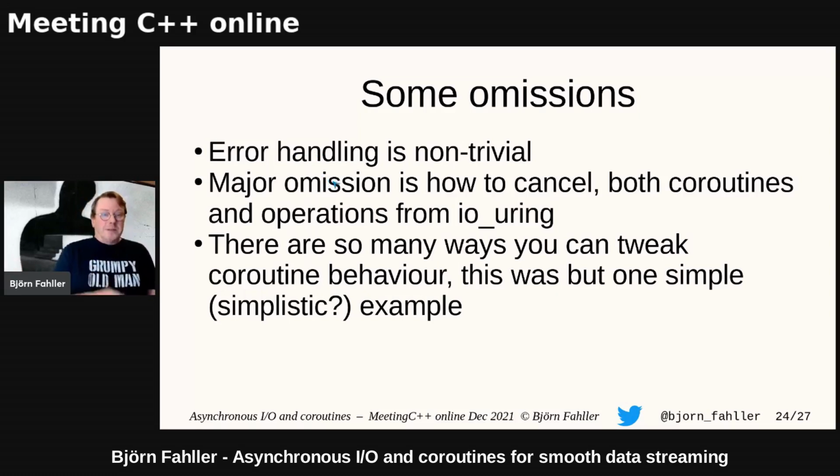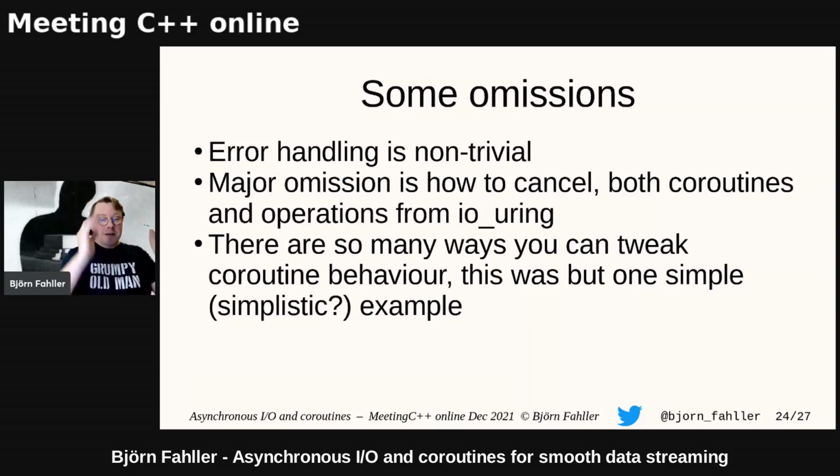A major omission is how to cancel things, and these are tricky in different ways with coroutines and io_uring. The simple case with coroutines is the one that I actually showed, where I have some state for the entire pipeline, which was the done flag.